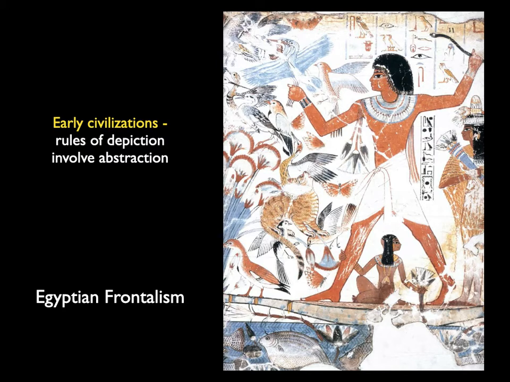And then the torso, magically without a twisting neck, is facing forward again, and then the hips and the legs are in profile again. So it's an amalgamation of different views of the human figure that has no intention of creating a lifelike image at all. Very abstracted, very stylized.